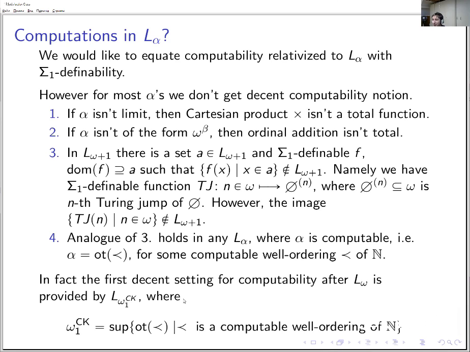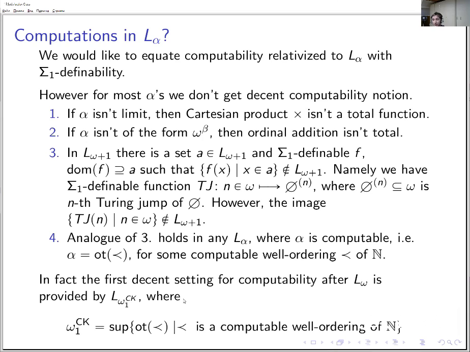However, basically this stops as soon as we get to the level of omega 1 Church-Kleene, where omega 1 Church-Kleene is the supremum of all computable ordinals. So it's the first non-computable ordinal. Then we actually get some decent properties. For example, we have totality of all the ordinal arithmetic.